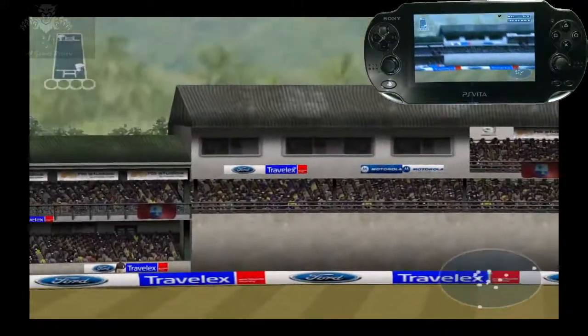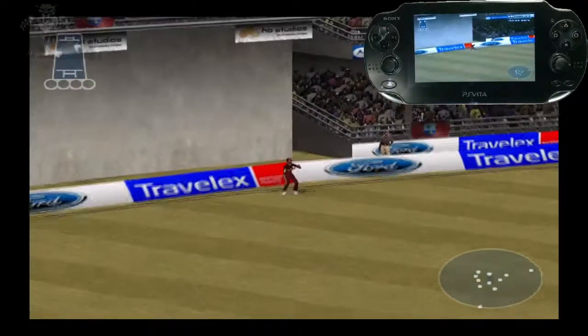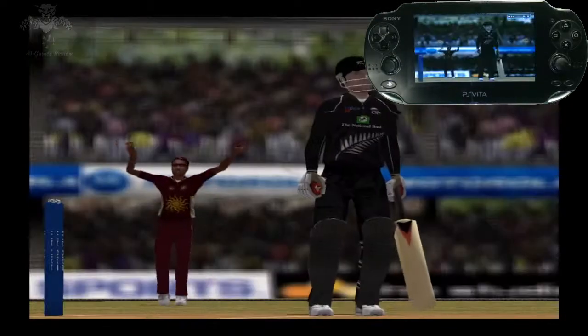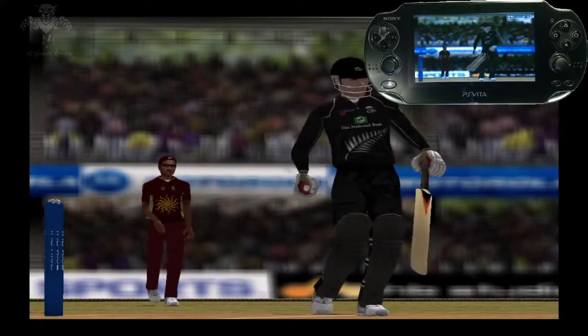Safely taken by Dillon. Well, that early wicket will put the pressure on the batting. Collymore gets his first wicket.